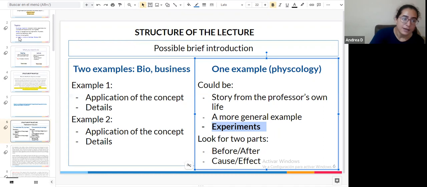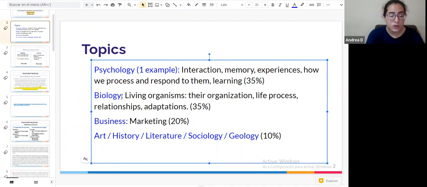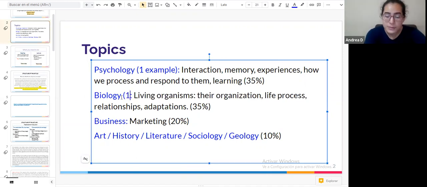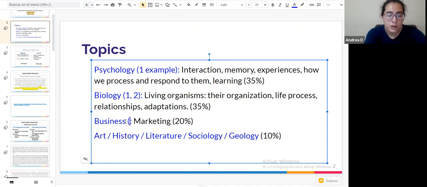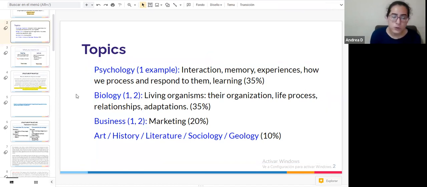Okay. Now, if you have biology and business, I couldn't tell. Most of the time for biology, you have 1, but sometimes you also have 2. So I cannot tell you for sure, but it's always 1 or 2, okay? No more than that. So if you have biology, you're always going to have the name of 2 animals or 1 animal that does whatever it is.